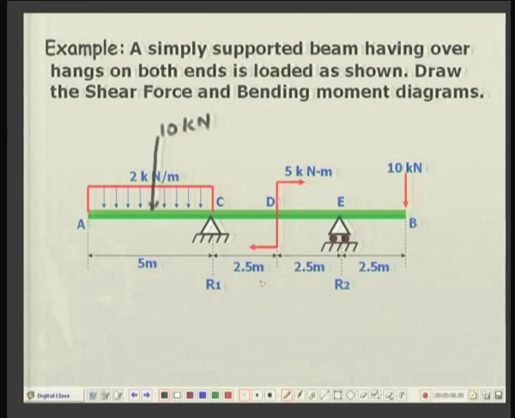Or by looking at it, by recognizing what should be the variation, linear, quadratic, cubic, etc., you can get some idea, and wherever there is a concentrated load, whether it is an applied load or a reaction, you will see a discontinuity or a jump in the shear force. Wherever there is a concentrated moment, you should see a jump in the bending moment diagram.